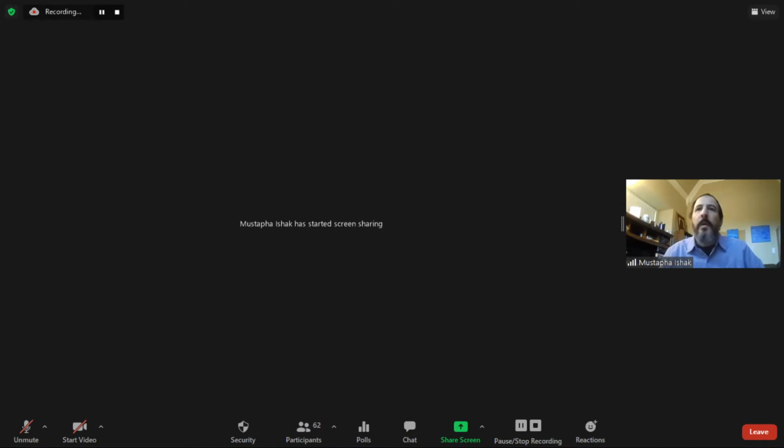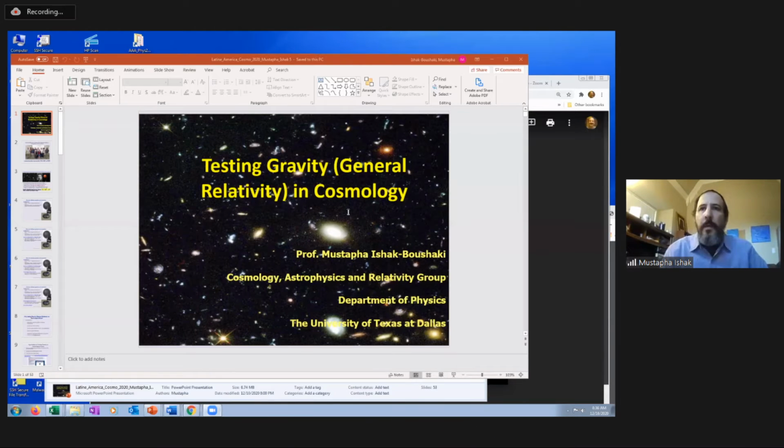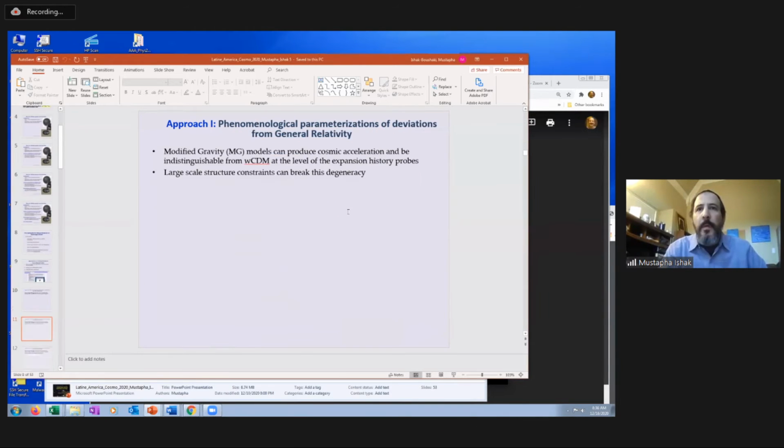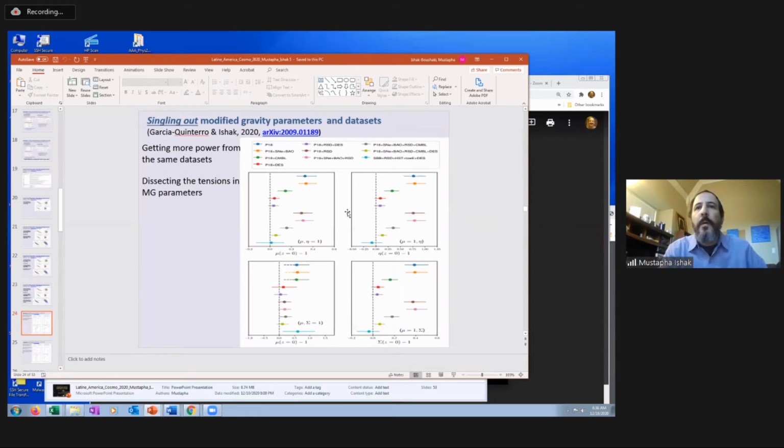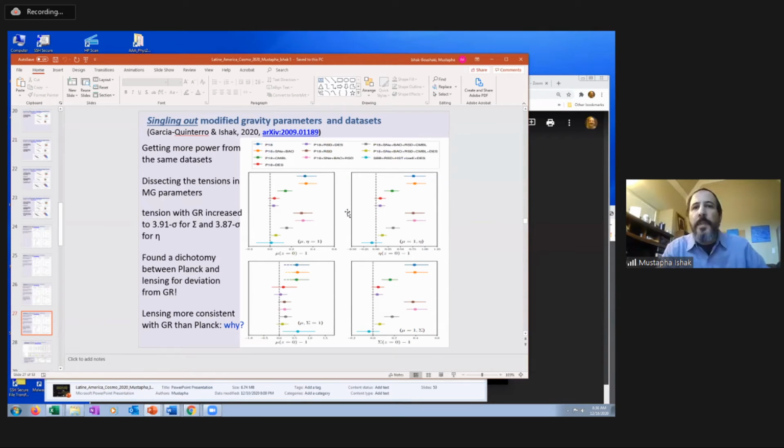Thanks. Those are all good questions. If I can share my slide to answer at least 2 of these questions. Okay, so in this slide here, your first question is why lensing restores consistency. If we don't include lensing, you see these data sets here, it's Planck and all others, except lensing.